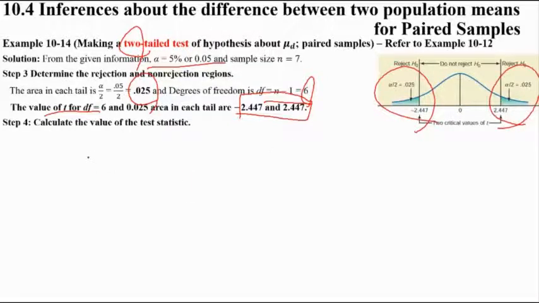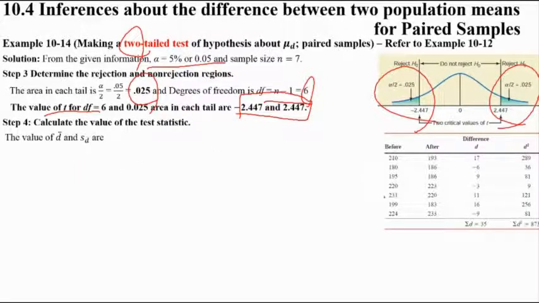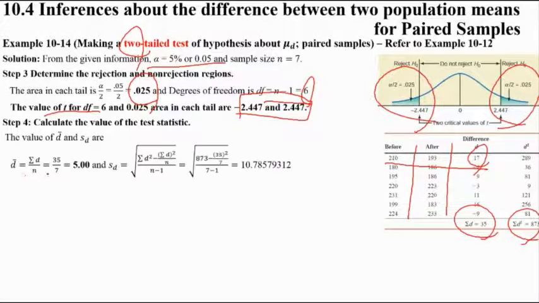Okay, calculation part. So d bar, sigma, so the mean. We have the table before and after and subtract, right? Sigma summation d and d square. So we are looking for d bar, the mean of the difference.